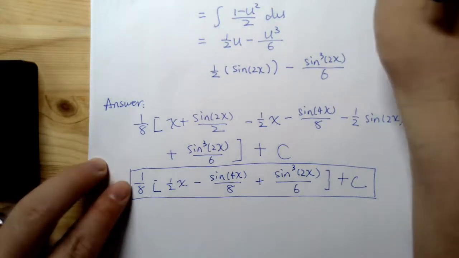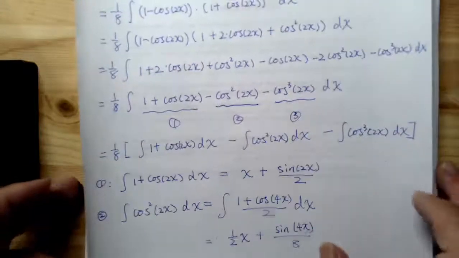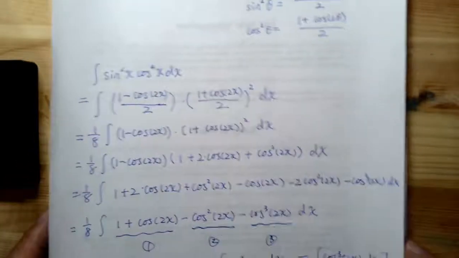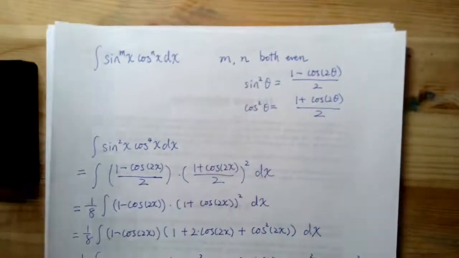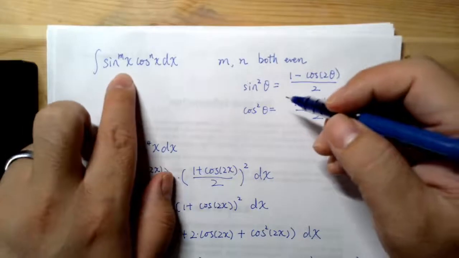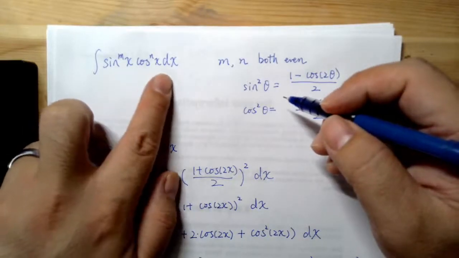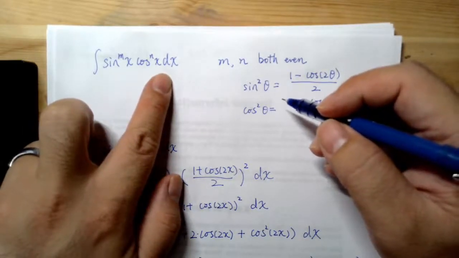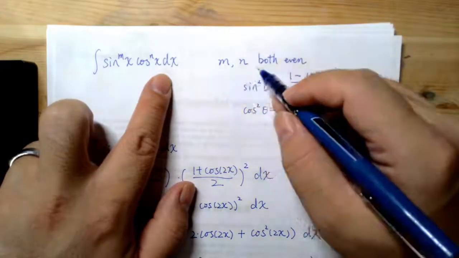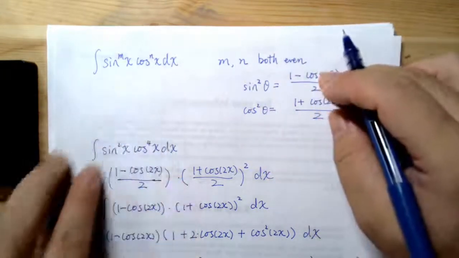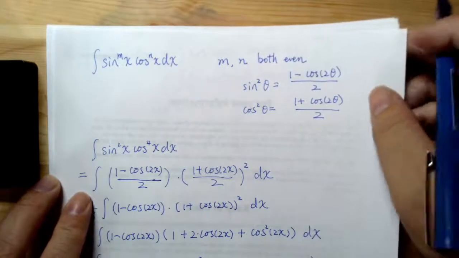But let me go through it again so that you get the big picture. The problem is, if I have sine to the power m times cosine to the power n dx, that's the format of the problem, and m and n are both even numbers. Most of the time they're positive integers.